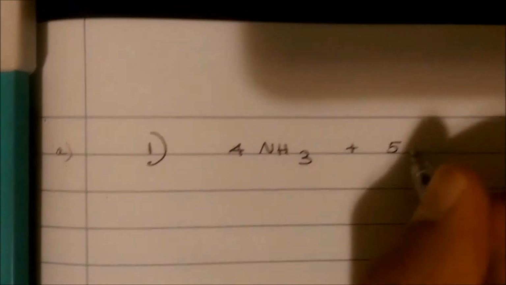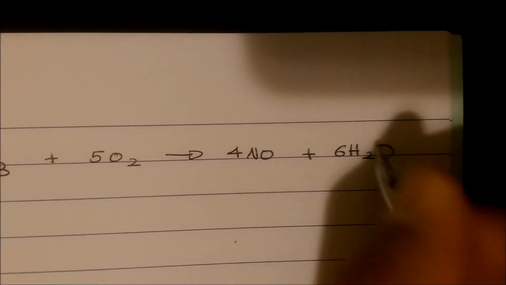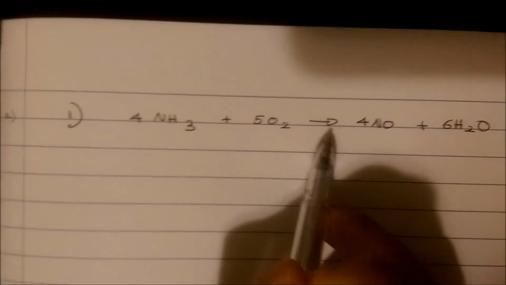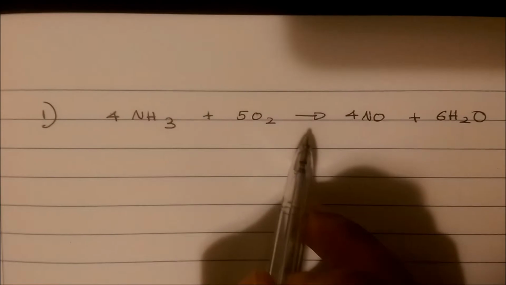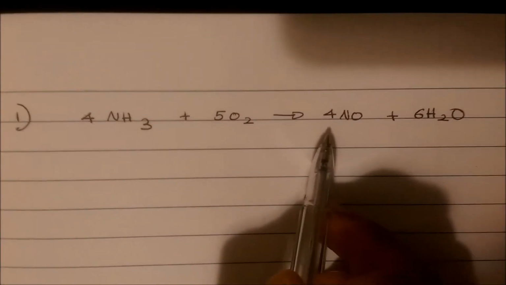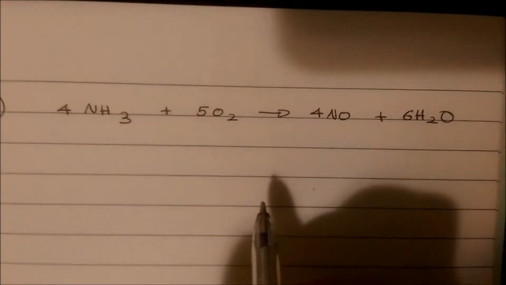So the chemical formula for this reaction would be 4NH3 plus 5O2 gives 4NO plus 6H2O. Now I realize that I've already balanced this equation here, and if there are those among you that do not know how to balance chemical equations, I'll be happy to make another video. Just leave a post.